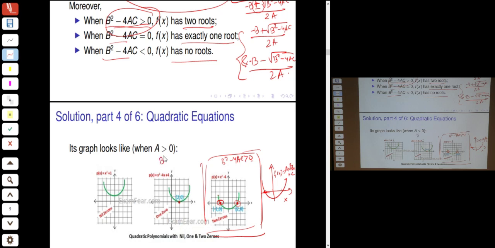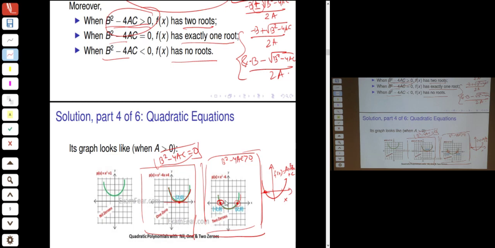This is the case when b squared minus 4ac is 0. As you reduce b squared minus 4ac, your graph will start lifting upwards, and as soon as b squared minus 4ac becomes 0, it will just touch the x axis.